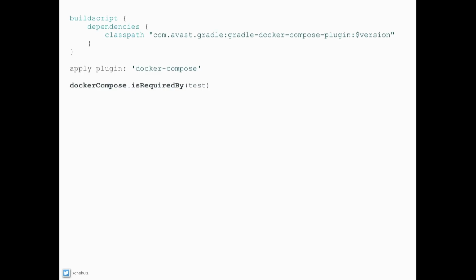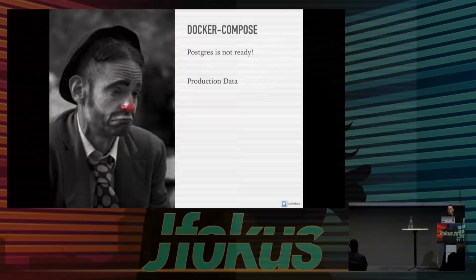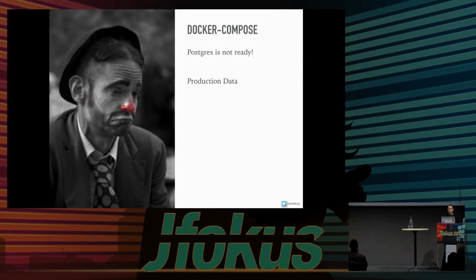And one interesting thing that the Gradle Docker Compose plugin allows you is that before your tests are run, you can invoke compose up and compose down. That was fantastic. That actually solved our problems. Sometimes, and you may have noticed, you start running your tests and Postgres was not ready.